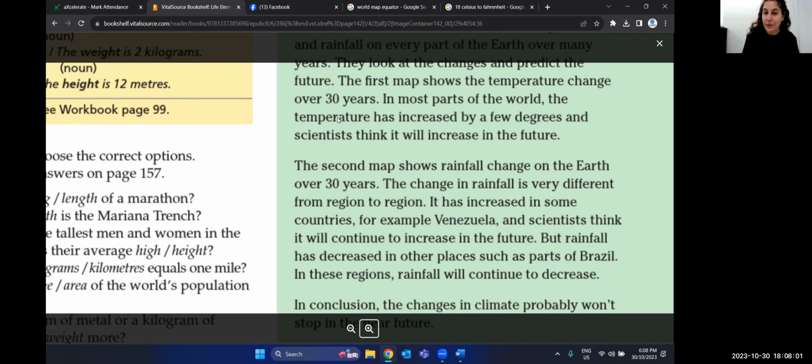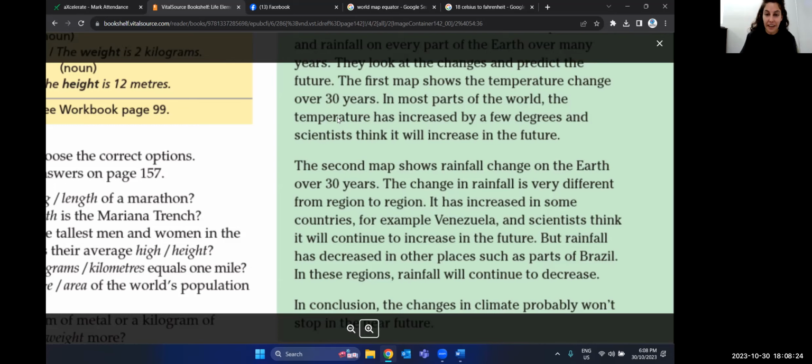The second map shows rainfall change on the earth over 30 years. The change in rainfall is very different from region to region.